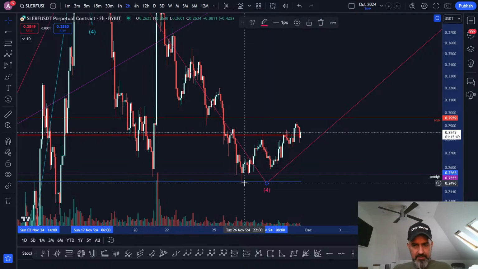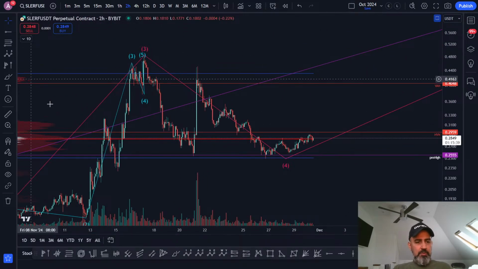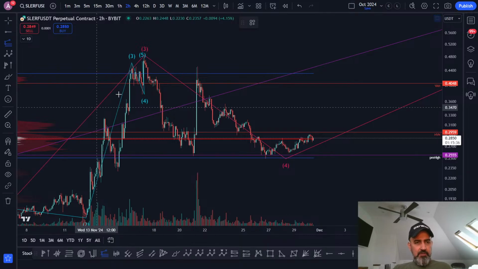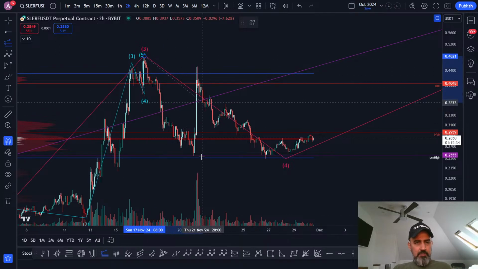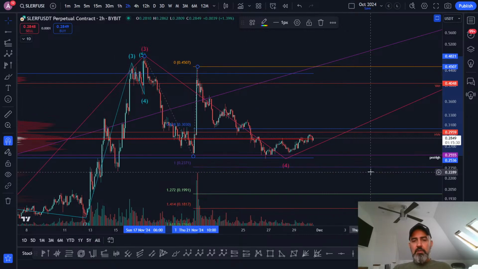How low did it get? 2.24 cents. And let me do the fib extension here. Couldn't get to the 1-to-1. That was still my target.